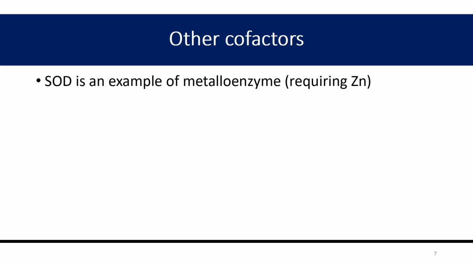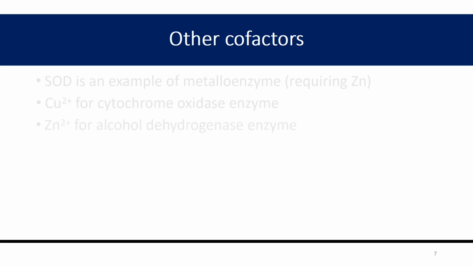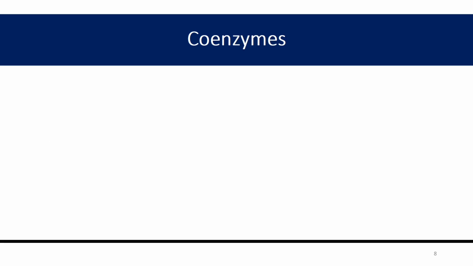That's why it's called metalloenzyme. Copper is an important cofactor for cytochrome oxidase, and zinc is an important cofactor for alcohol dehydrogenase. Then magnesium also for ATPase enzymes.